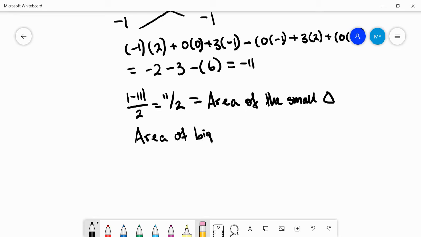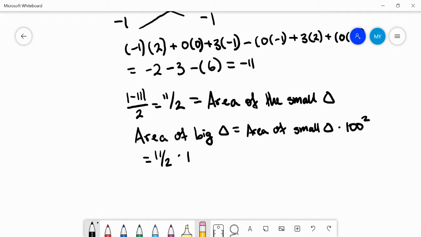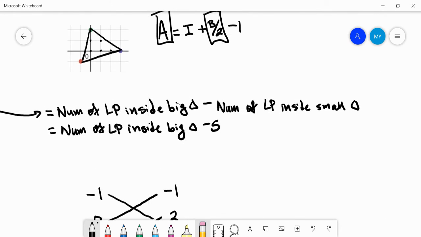The area of the big triangle equals the area of the small triangle times 10,000. So this is just going to equal 11 halves times 10,000, and when we do the calculation, the area of the big triangle is equal to 55,000. That is a very large area.